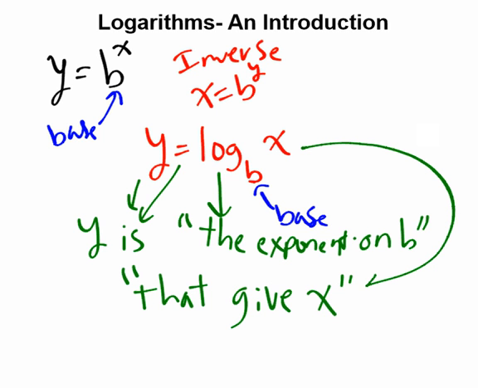And that comes from here. So I will go across here. So we have y is the exponent on b that gives you x. And if you look above, y is the exponent on b that gives you x.